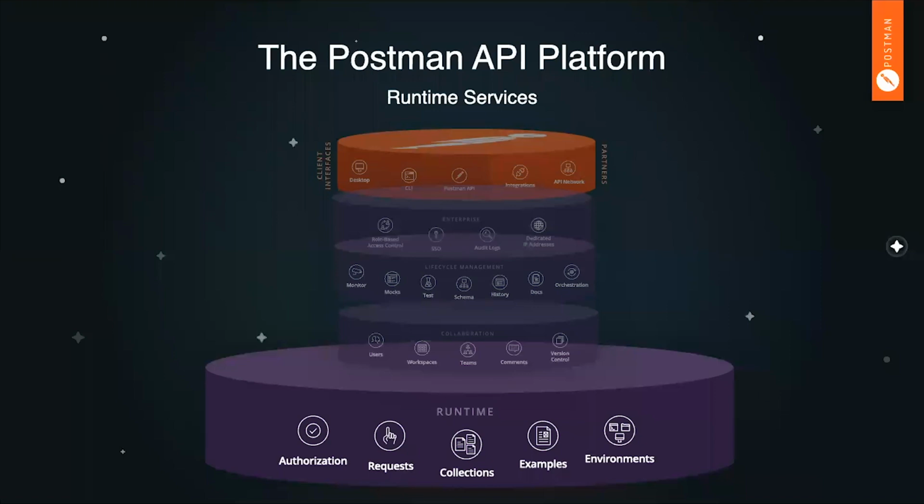And then, as I showed you, having examples stored for each individual request and making sure that those examples of what should be returned are present for each individual request. And then environments help us move those collections through each stage of development, whether it be development, staging, all the way into a production environment, allowing us to keep those details in order in the context of each of those stages. So the runtime is really the core engine of what you're doing with Postman.